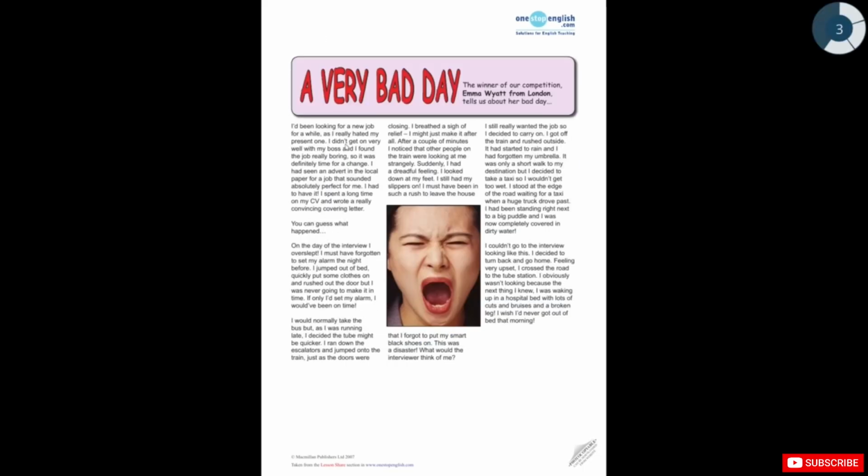We haven't decided exactly what we're going to do here, but the student is going to produce something. Maybe they will work by themselves and tell us about a bad day they had, or maybe the teacher could work with the student and we could interview each other. We then take the information we get from that interview and present it using the third conditional. But we can decide. So first, let's focus on the presentation stage.